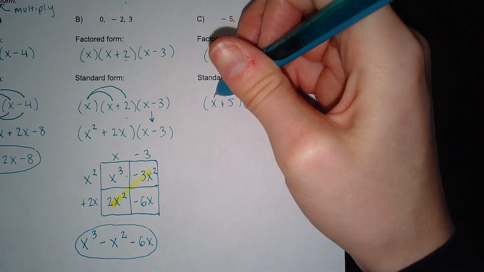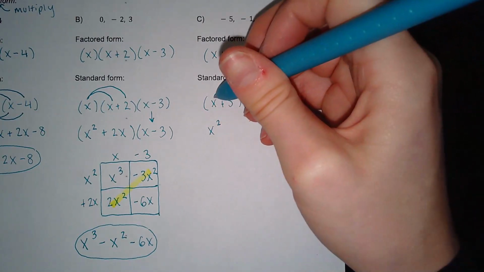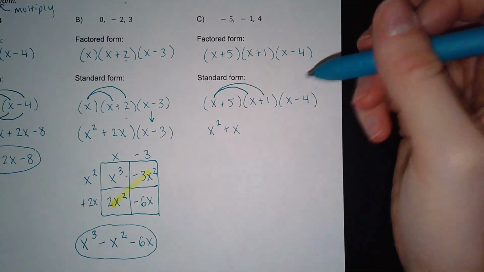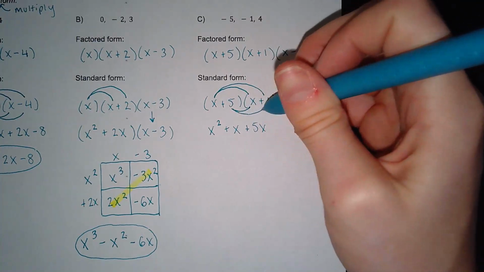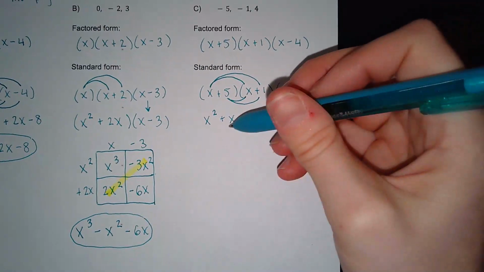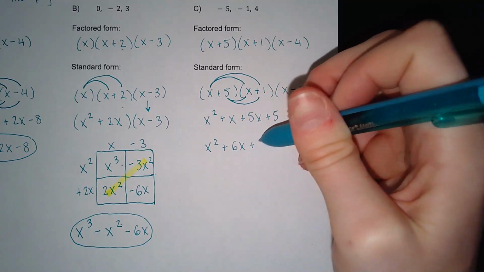So I'll do x times x, which is x squared. X times 1 is just 1x. 5 times x is 5x, and 5 times 1 is 5. Combining like terms, that will give me x squared plus 6x plus 5.